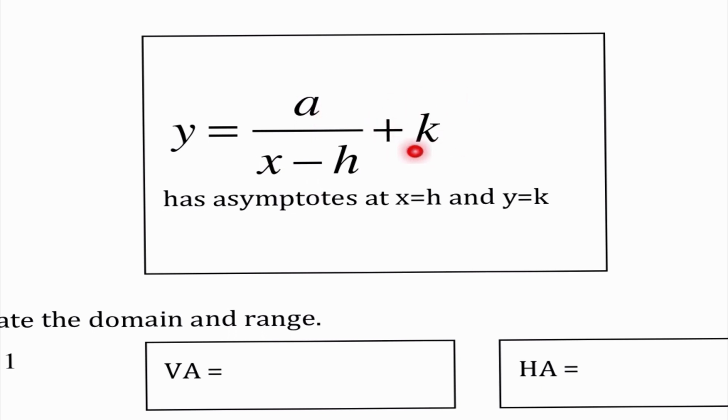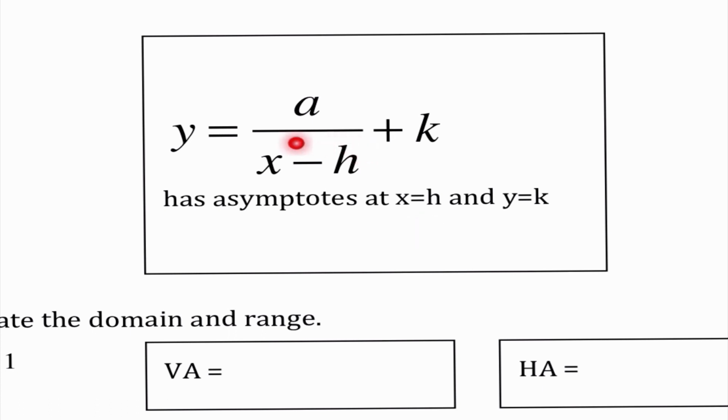Okay, so we talked last chapter about asymptotes, how those are lines that our function is going to approach but never actually reach. And we're going to have both vertical and horizontal asymptotes. So if we look at this, our vertical asymptote is going to be at x equals h.